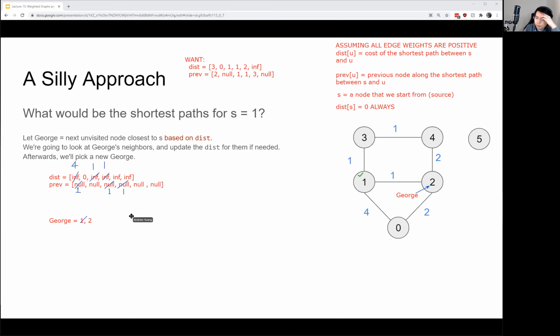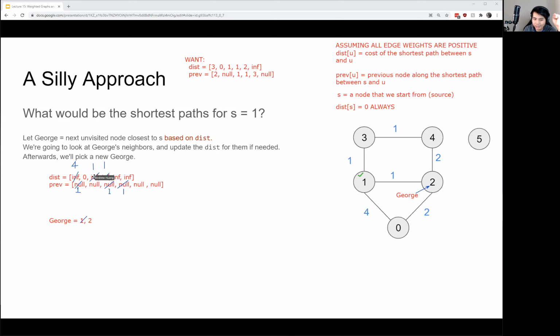All right. We got a few people who are confused. The big idea here is that we looked at distance and we tried to find all of the nodes that we haven't visited yet that have the smallest number inside of distance. So index 0 has a cost of 4. That means it takes us 4 to get to node 0.